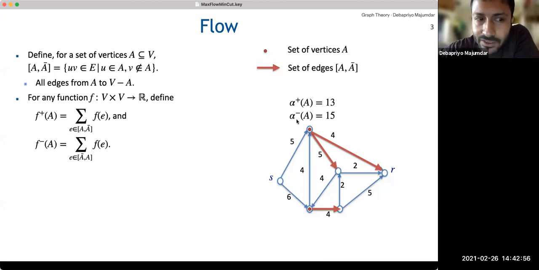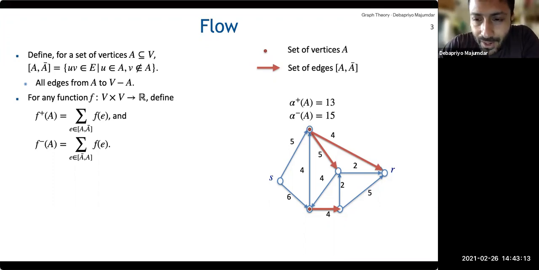Similarly, for any other function also, we may have the same thing. If we define any kind of a function on each edge, we can define that function plus and that function minus for a subset of vertices. Clear? At this point, it might look a bit abstract. Why are we defining such strange notations?